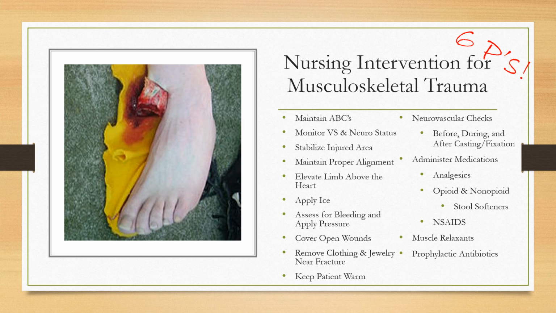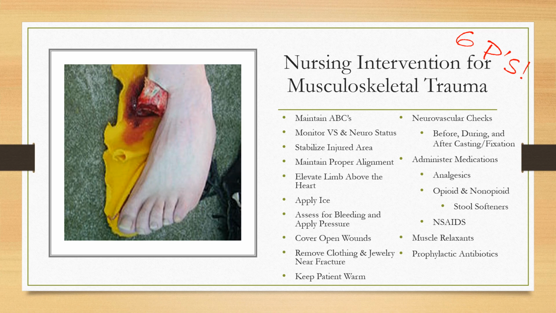Airway, breathing, circulation, neurological status is D. D stands for disability. So that's neurostatus. So we do a quick neurostatus. And E is environment. And one of the things in E is making sure that the environment is warm for the patient. Okay? That's really important. Otherwise, they get cold very quickly.